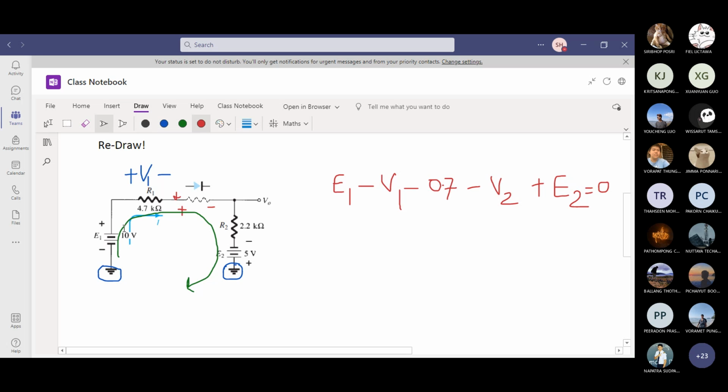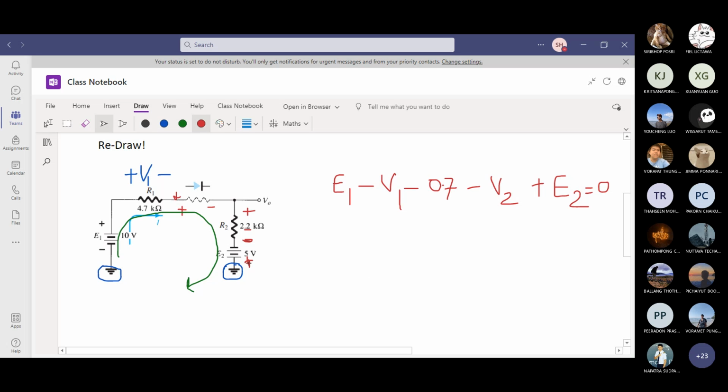Since the loop is flowing clockwise, this is plus and this is minus sign. Then you have a battery. The minus is here, and this is the minus sign of the battery. This is the plus sign. Any questions so far? Can I move on to the next?